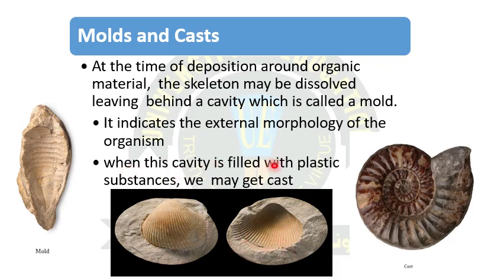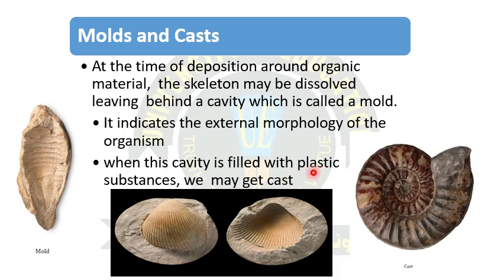When this cavity is filled with plastic substances, we may get a cast. When the mold which was formed is slowly filled by some substance, here called a plastic substance, plastic because it can attain a shape similar to the mold, that's why the word plastic is used.